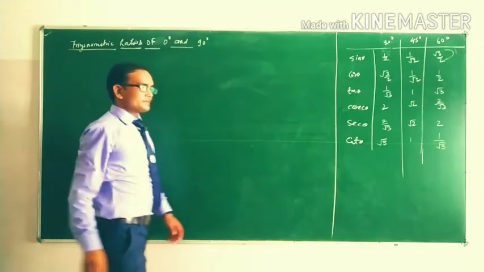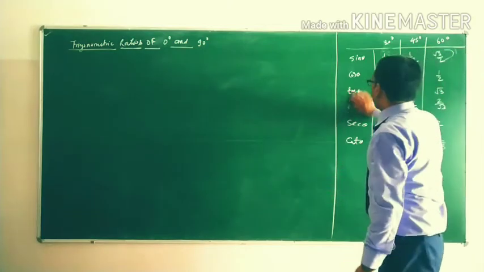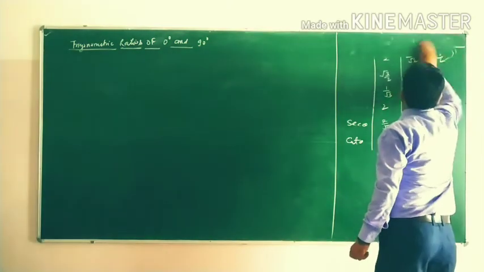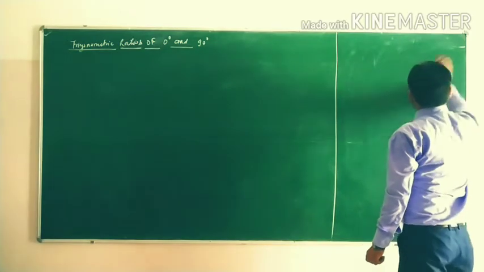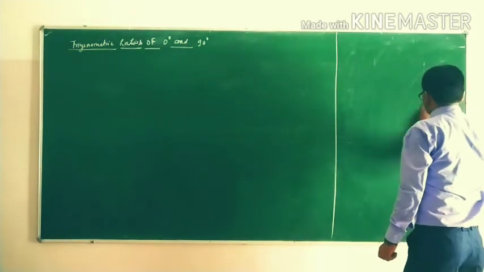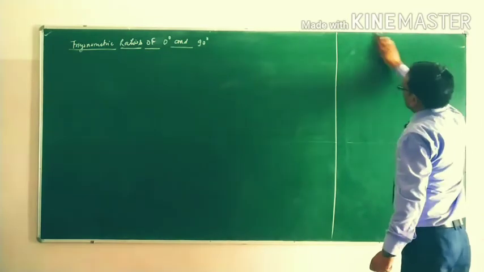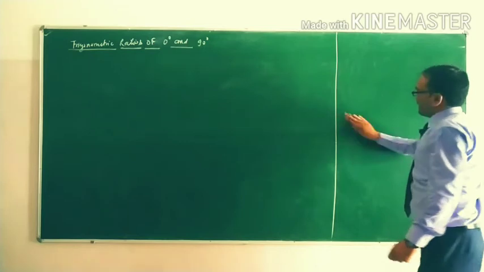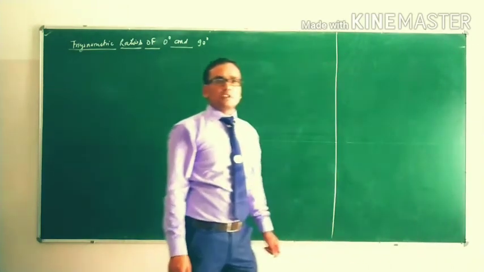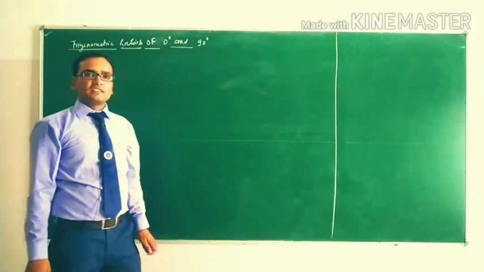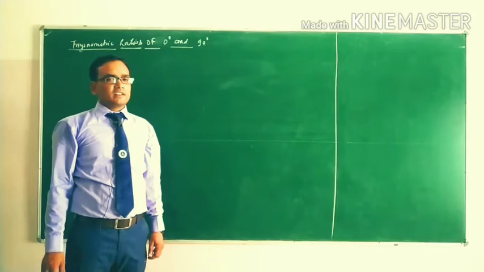Okay, students. Today we find the values of sine 0, cos 0, tan 0, cosec 0, sec 0, cot 0, and likewise of the angle 90, that means sine 90, cos 90, tan 90, cosec 90, sec 90 and cot 90.